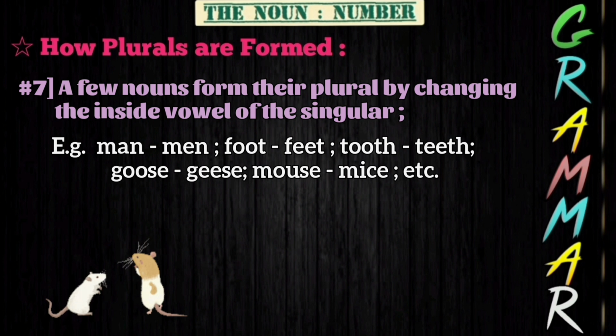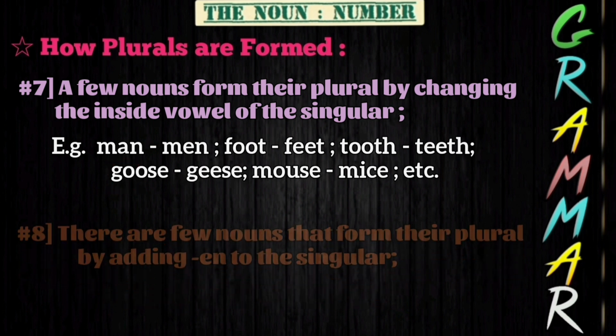In these examples, you can clearly notice that we have just changed the vowel which was present inside the singular form. That is, we have changed A into E, OU into I, double O into double E.